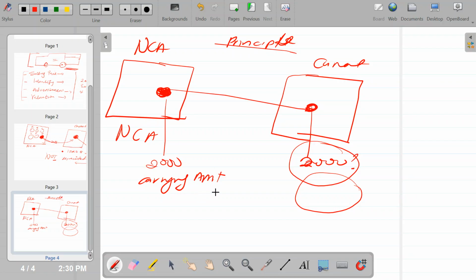So when we decide to sell an asset, first of all, we have to put a price on it because now it's going out to the market.